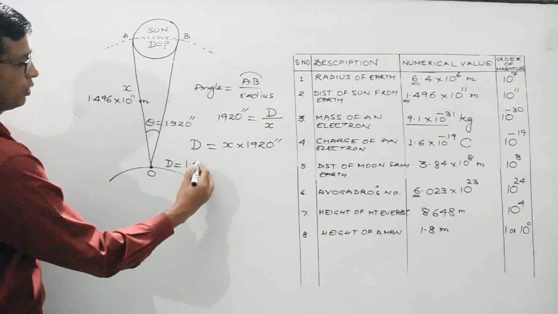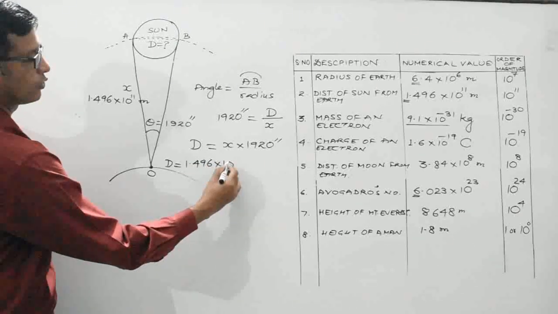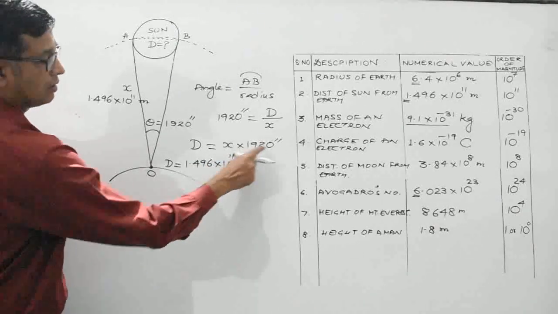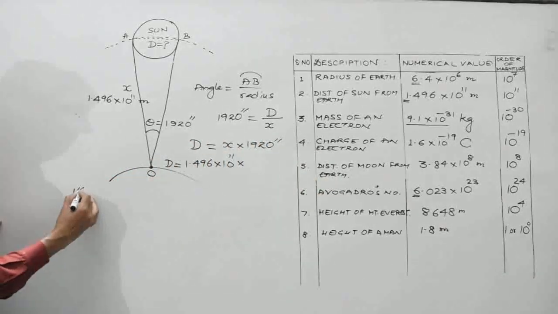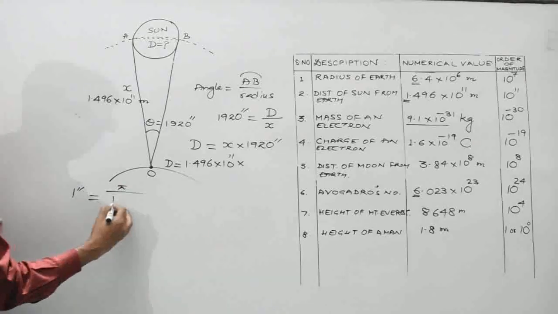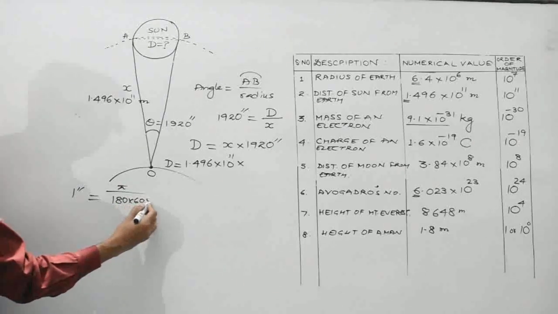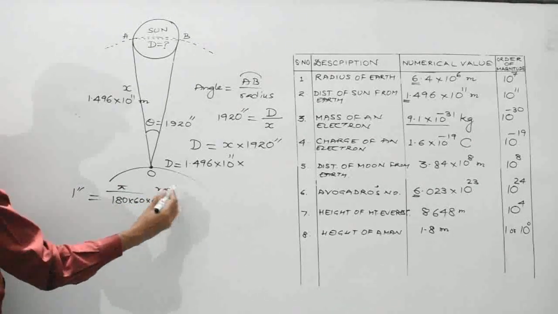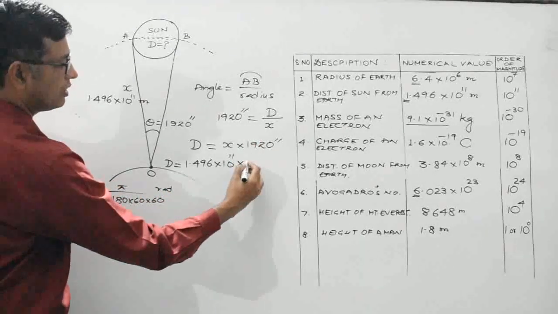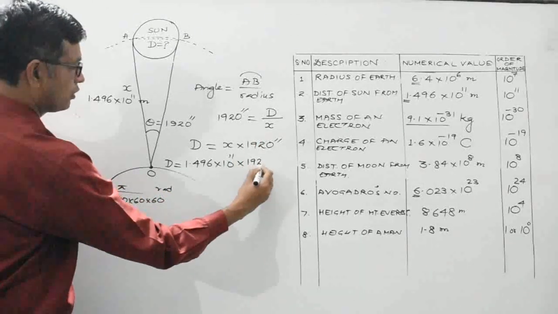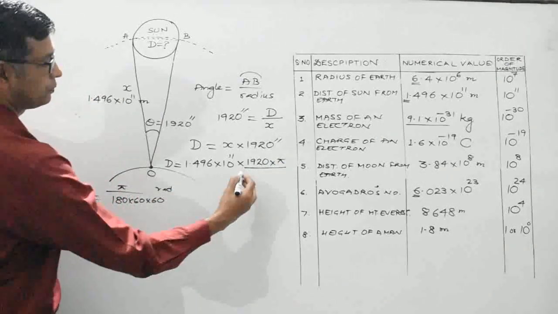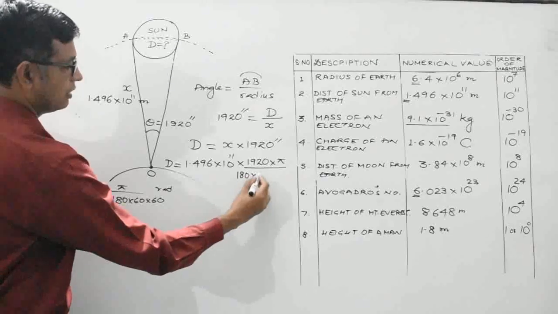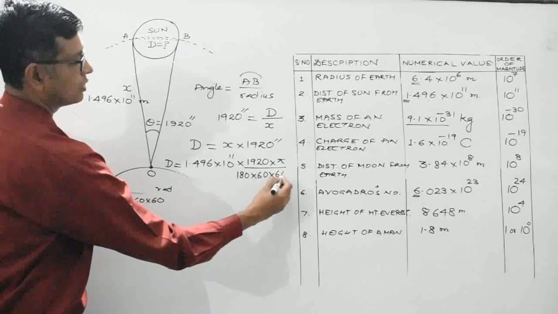So what do you get? 1.496 into 10 raised to 11 multiplied by, now look, you need to convert the second into radian. 1 second, I have told you, is pi by 180 into 60 into 60 radian. So therefore, 1920 seconds would be 1920 into pi divided by 180 into 60 into 60.